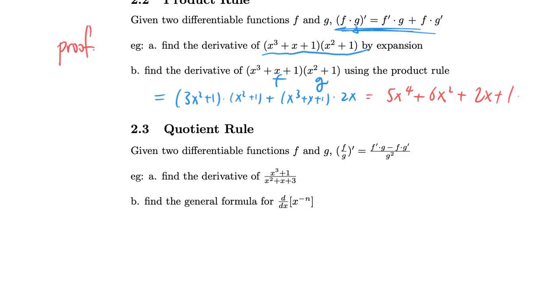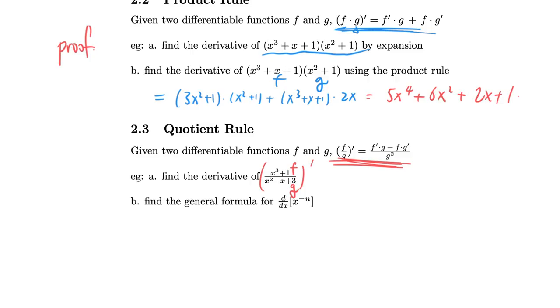Then finally, we have the quotient rule. This quotient rule is just like this. It's very ugly and it's hard to use. So here we have one example, here we have this expression. Obviously, the numerator is f, the denominator is g.